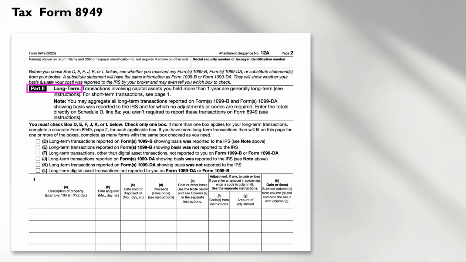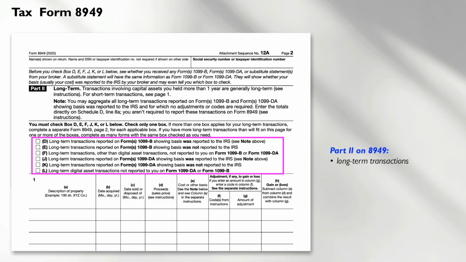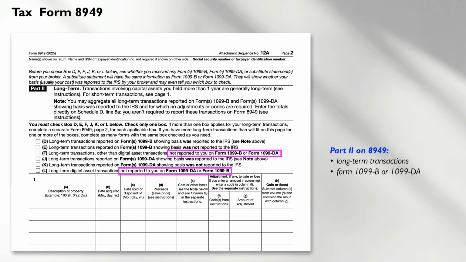Part 2 works the same way for long-term transactions. The boxes include D, E, F, J, K, and L. These represent long-term transactions reported on Forms 1099-B, Form 1099-DA, or similar transactions not reported on either form.